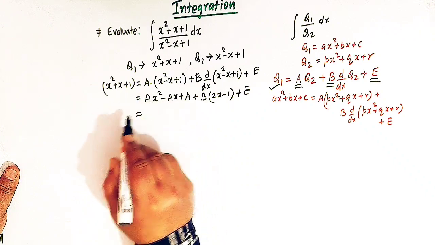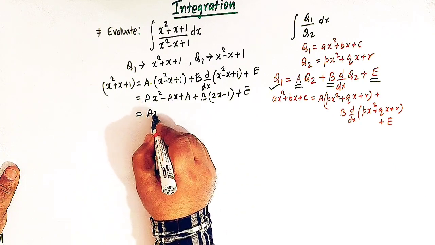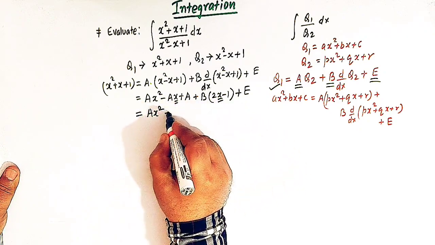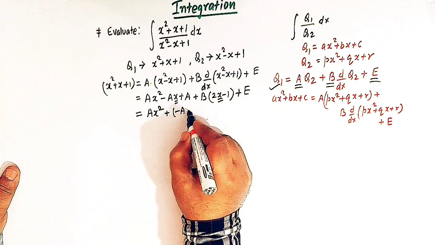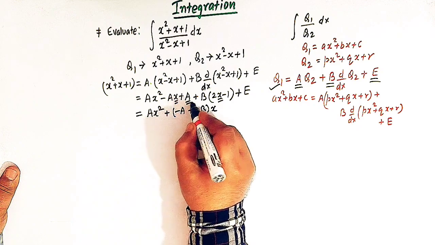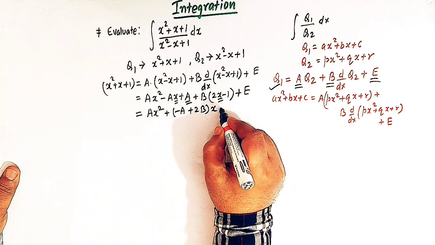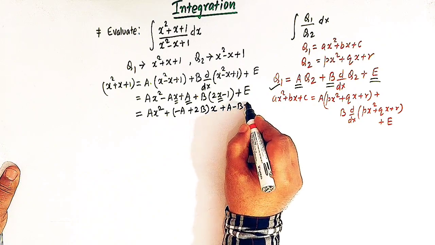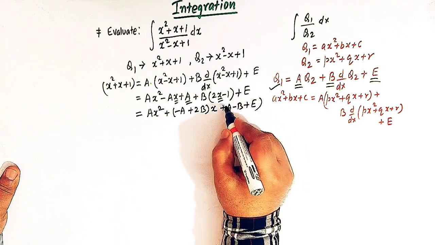So here we have only ax square, and here we have x, here also we have x, so we can write minus a plus 2b, and here we have x, and here we have the constant term a, and here we have minus b, and then we have here e, right?